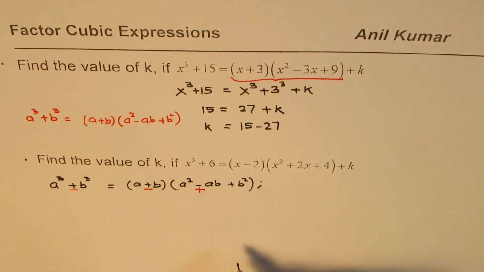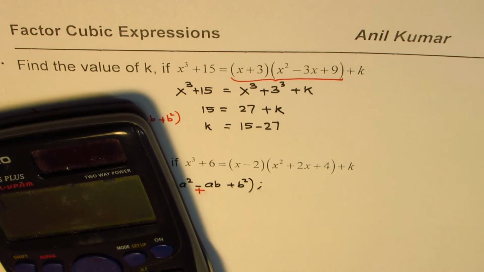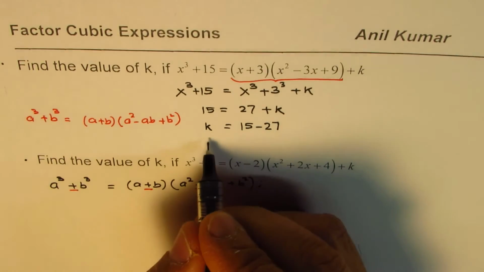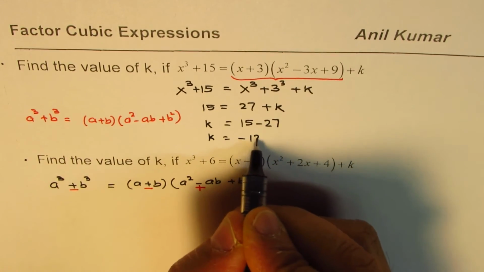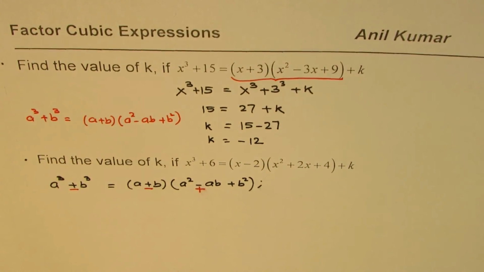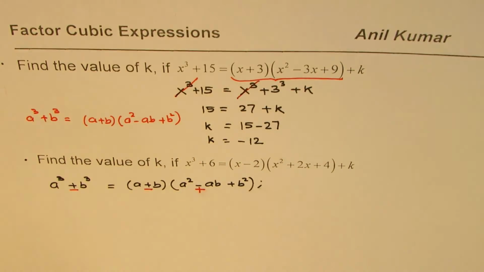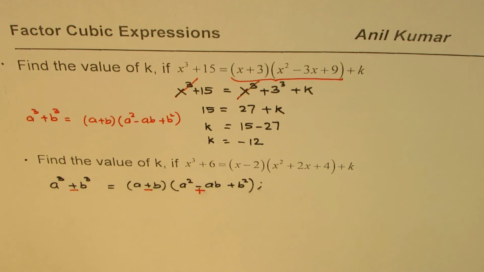So that is how you can solve this question. We have 15 minus 27 equals minus 12, so we get k equals minus 12 for this particular question. At this stage, we just cancelled x cubed and x cubed and simplified. So that is how you could solve this question.